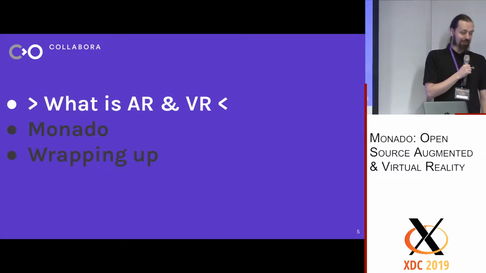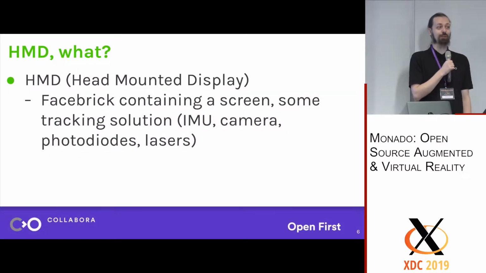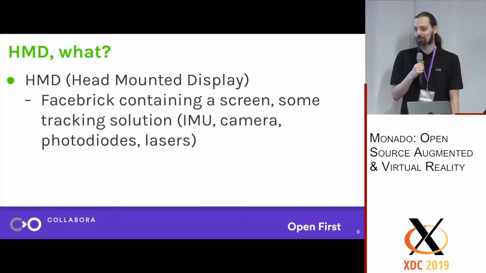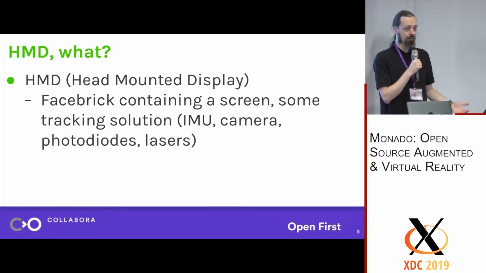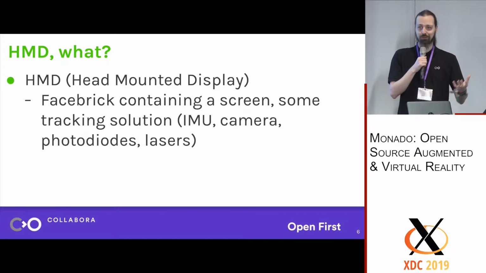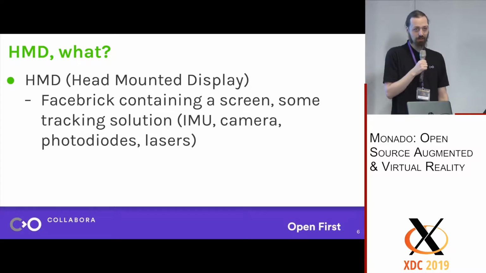What is AR and VR is a question that I get quite often. First of all, I want to start with the name HMD. It's a term that gets tossed around quite a bit, even before AR and VR were things. It's basically the concept of taking a screen and some sensor and duct taping it to your face. And all the devices these days that we're using are HMDs.